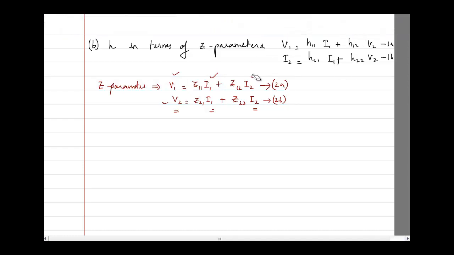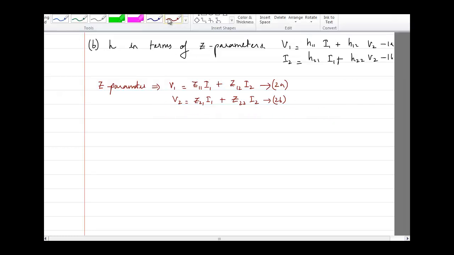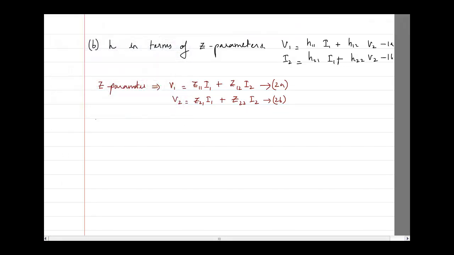So let me write it. I will take out the unnecessary things that I have written. Okay, so from 2B, Z22 I2 is equal to minus Z21 I1 plus V2. What I have done is taken this one to the other side, so minus Z21 I1, correct.